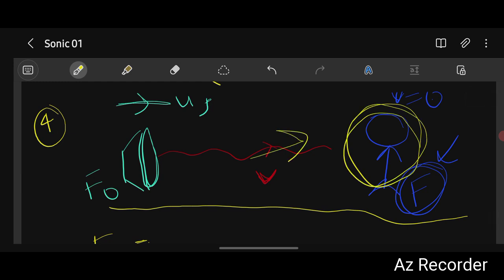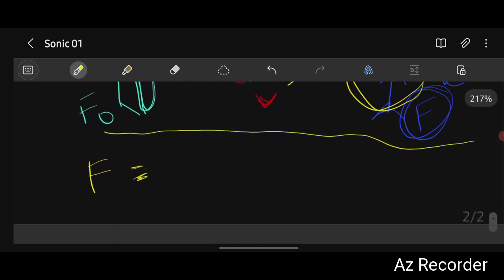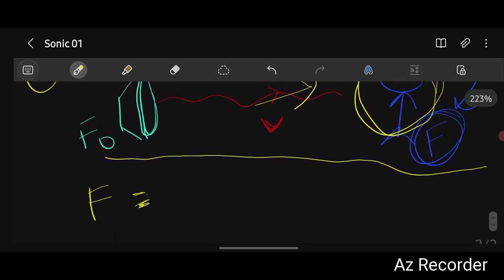The observer has 0, and the sound velocity is v, so the relative velocity is v.